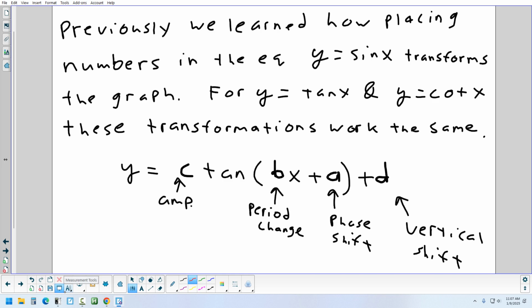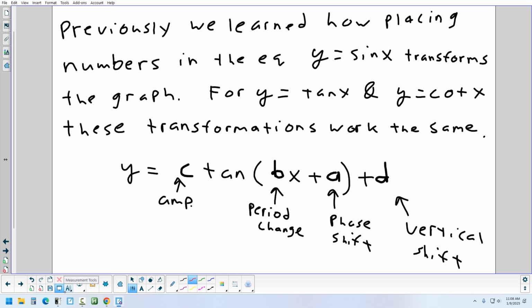The smaller you make B, the more stretched it gets. For C and D, it's not backwards. If C is a big number, it will stretch the graph bigger. A small number will compress it smaller. For D, a positive number would shift it up and a negative would shift it down.